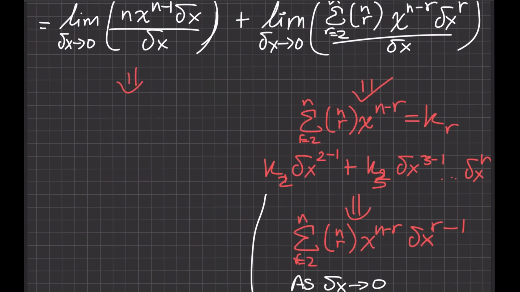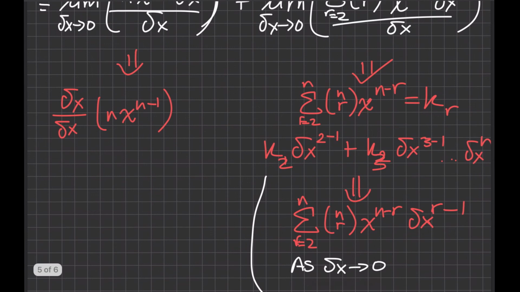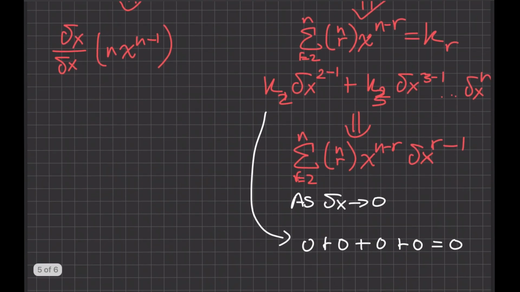Before we take the limit, we of course have to take the dx out of the denominator. And what we can do is simply n times x to the power n minus 1 times dx over dx, because they're all in multiplication, which just simply gives us n times x to the power n minus 1.